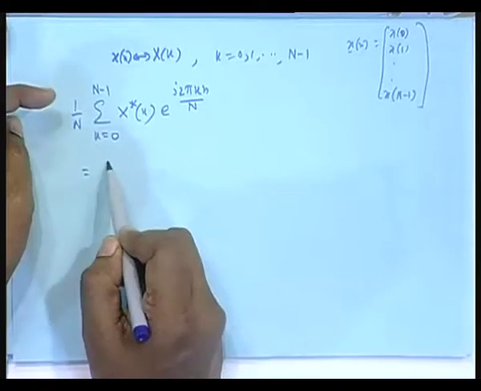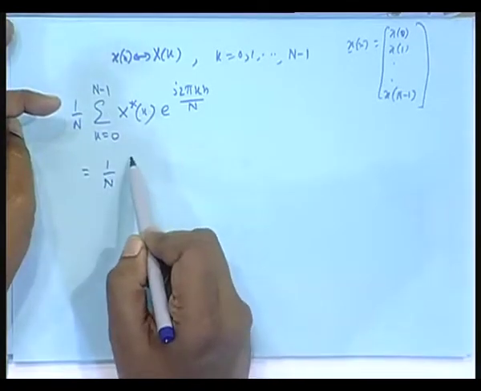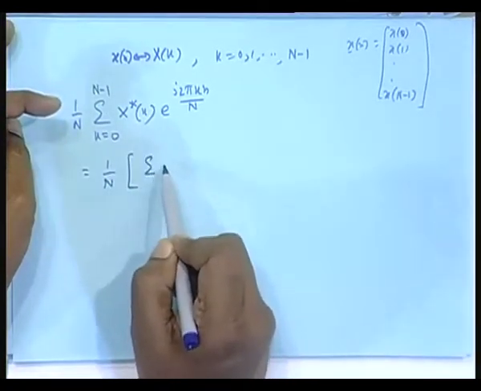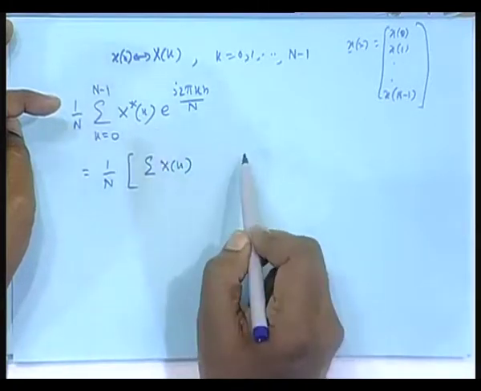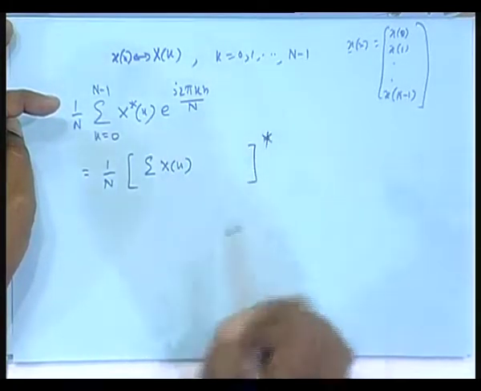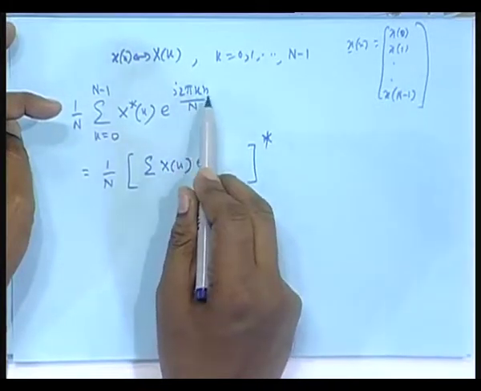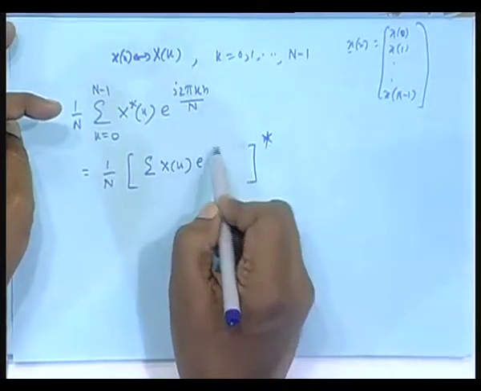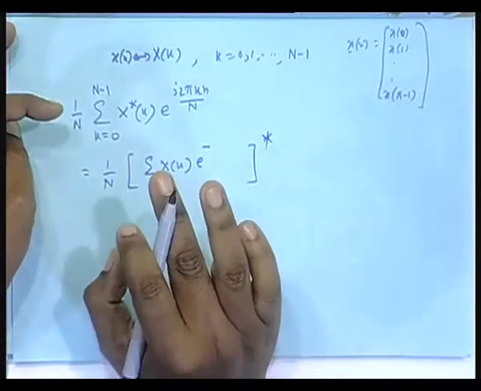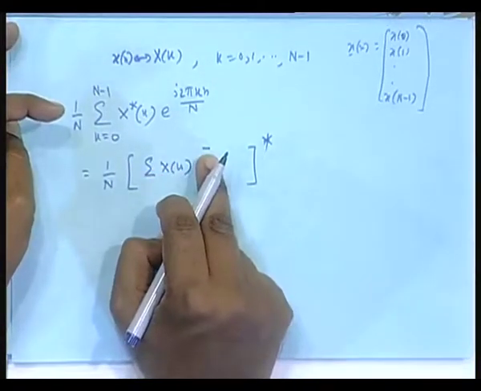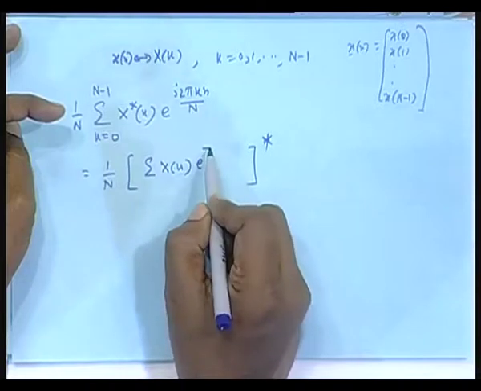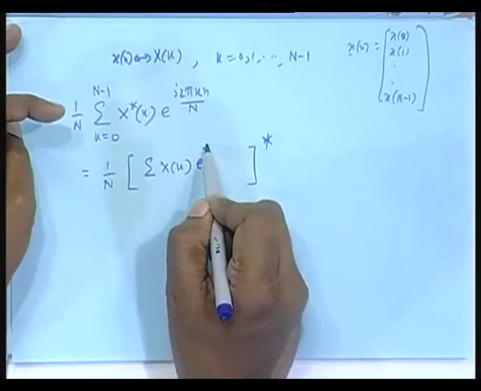So, let me do some mathematical manipulations here. I bring back the star here, no problem, and e to the power minus j 2 pi, but in the DFT there is an e to the power plus term, not minus. So, what I will do, I can write like this.